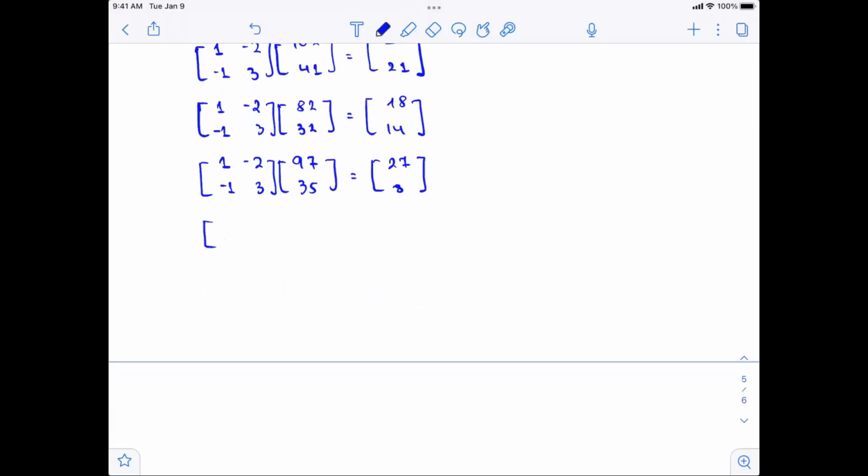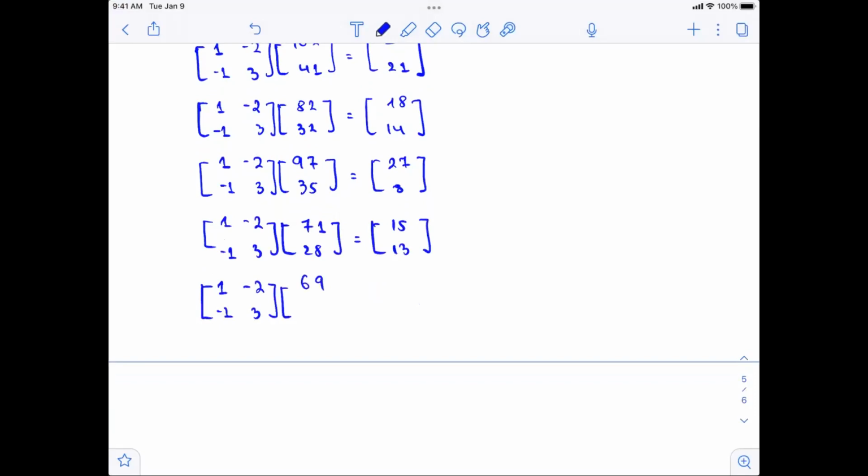And the next one is 1, -2, -1, 3 multiplied with 71, 28, equal to 15, 13. And the last column matrix is 1, -2, -1, 3 multiplied with 69, 32, and you get the column matrix 5, 27.